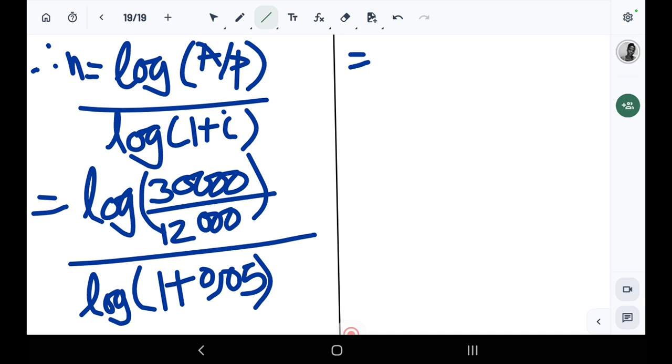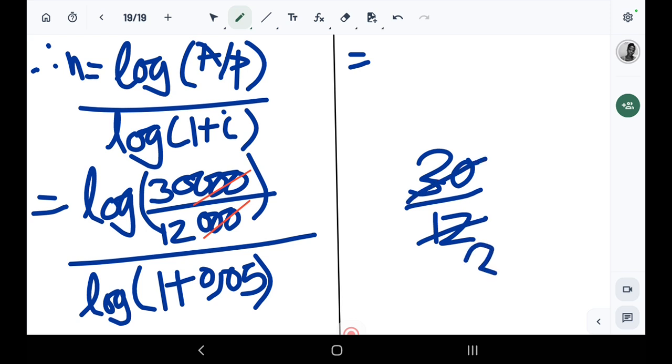That is equal to the log of 30,000 over 12,000. Let's deal with the thousands: the thousands cancel with the thousands. Now we're left with 30 and 12. 6 goes into 12 two times, and 30 divided by 6 is 5.